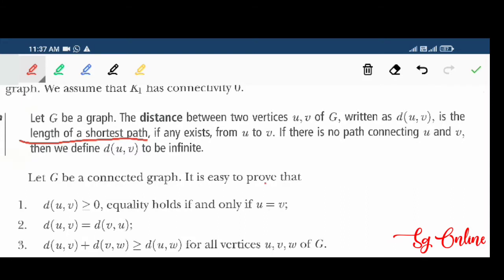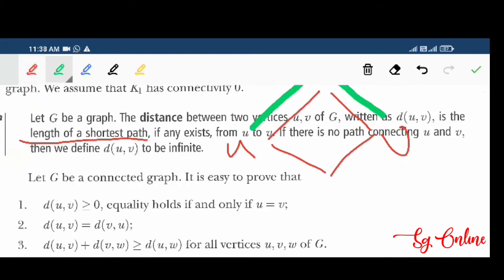For example, suppose you consider this graph, and if you search the distance from u to v, you see there is one path this way, and there is another path this way, both of length 2.